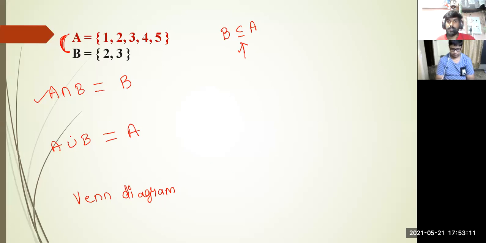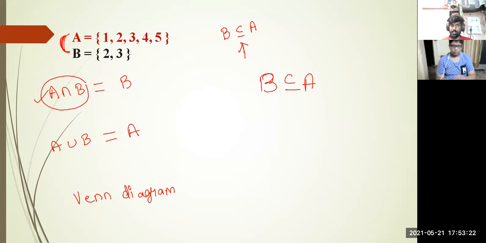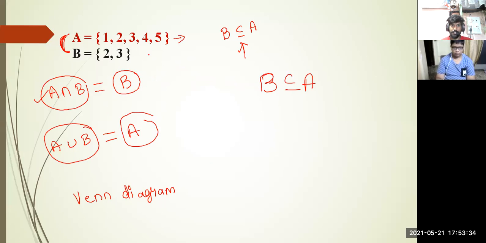So from this example, you have to note one thing: because B is a subset of A, the intersection is same as the smaller set, that is B, and the union is same as the bigger set, that is A. A is the bigger set, B is the smaller set.